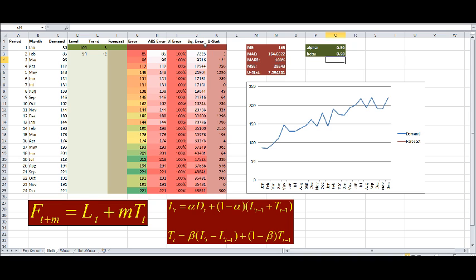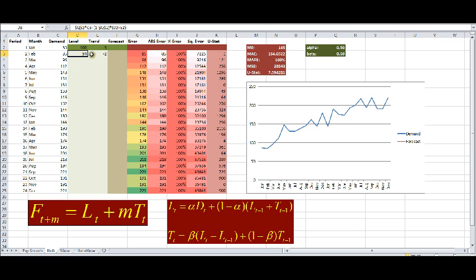Okay, and now we can put together the forecast. In order to forecast, we cannot create a forecast in this period. We have to move over at t. M is how many periods we forecast ahead. So we're going to keep m equals 1. So then we forecast at t plus 1. We're currently at time t.